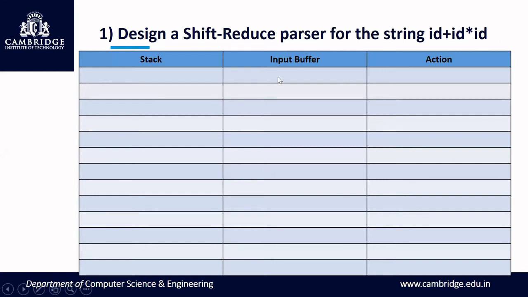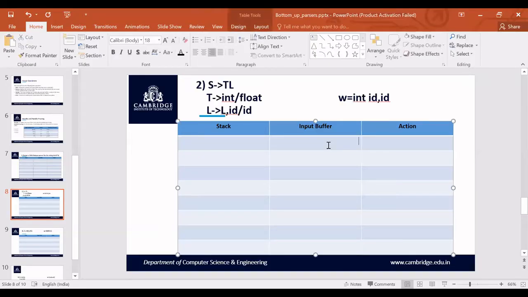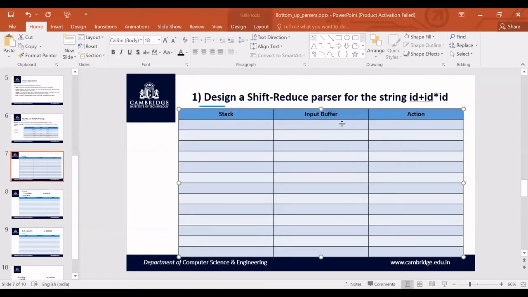So what is the string that is given to parse? The string that is given to parse is id plus id into id, and the end of the string is denoted with the dollar symbol.